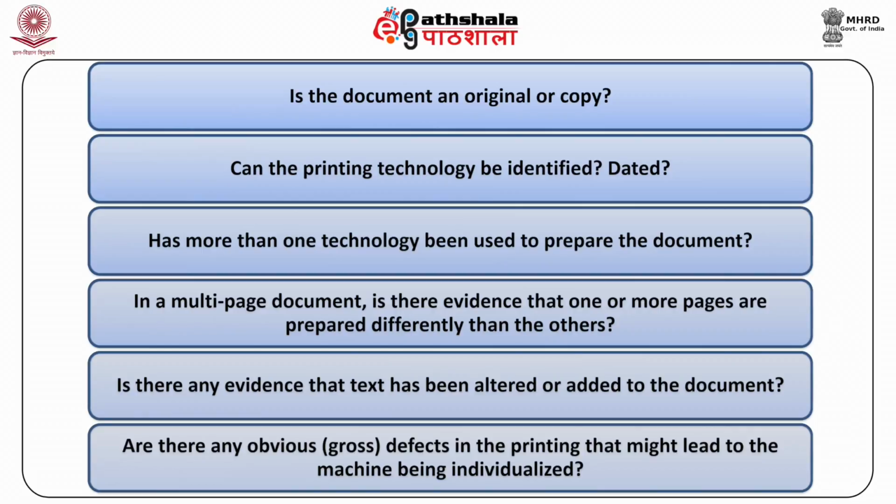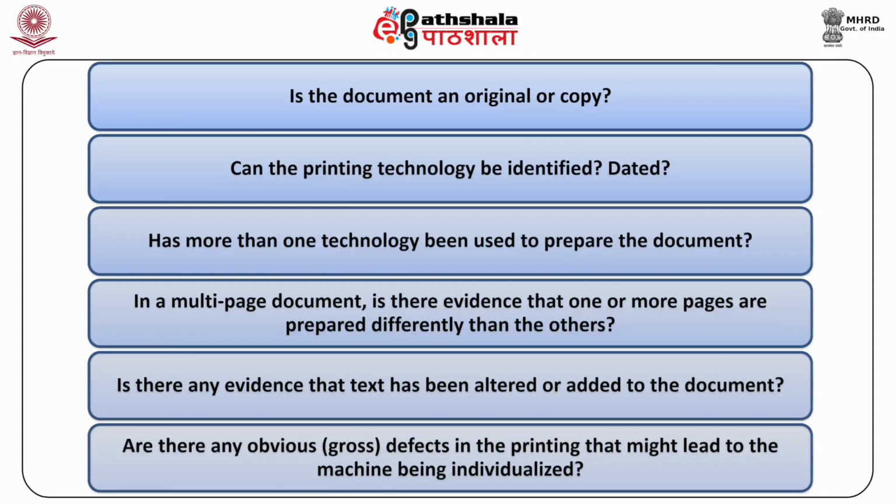For example, a letterhead printed on a lithographic press with the variable data printed with dry toner. In a multiple page document, is there evidence that one or more pages are prepared differently than the others? Is there any evidence that text has been altered or added to the document?